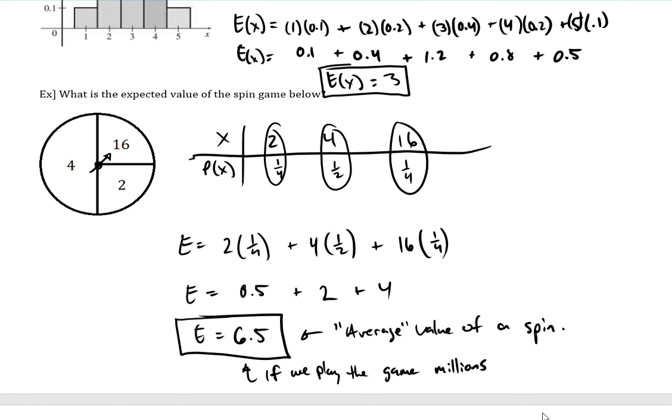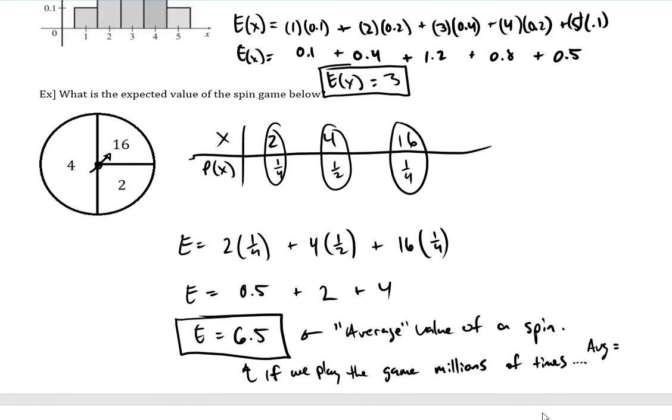If we played this game millions of times and recorded all of the results for each spin, say we landed on 4, and then 4, and then 2, and then 4, and then 16, and so forth, and we add up all those results and divide by the number of times we play it, we should get 6.5. So if we play the game millions of times, our average should equal 6.5.